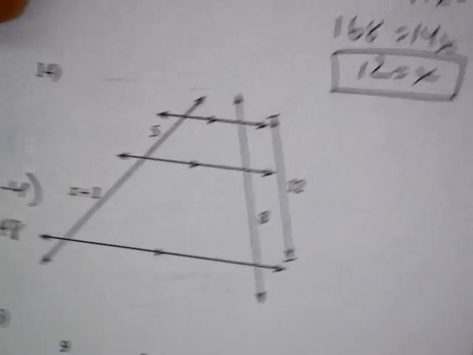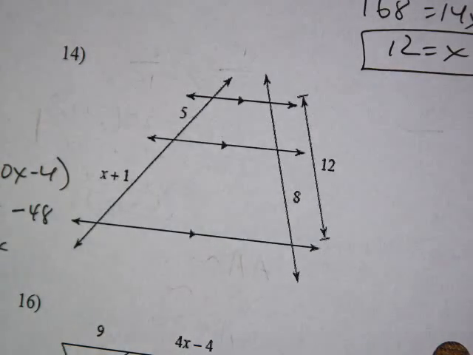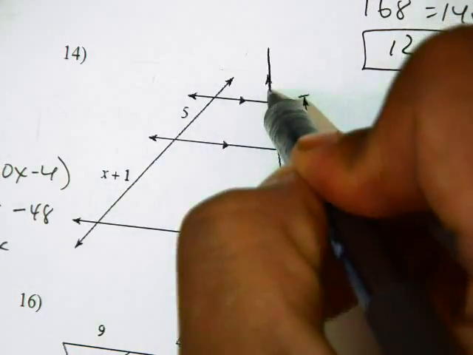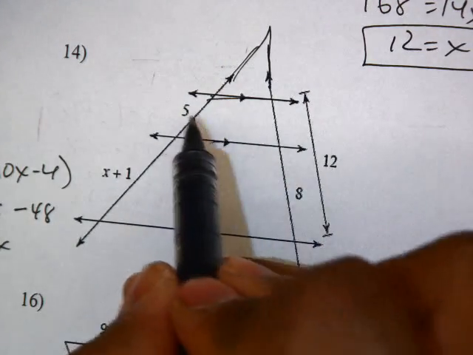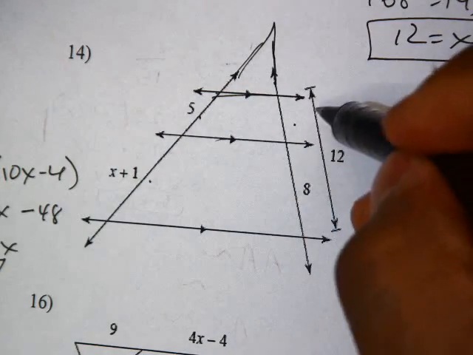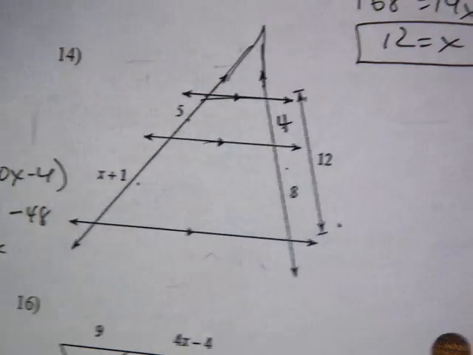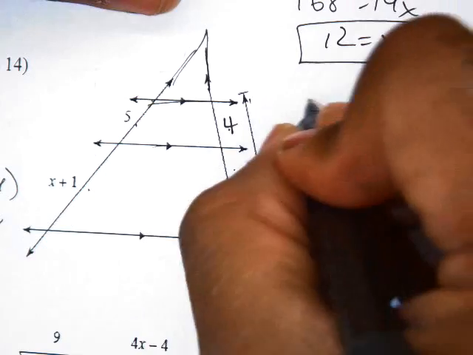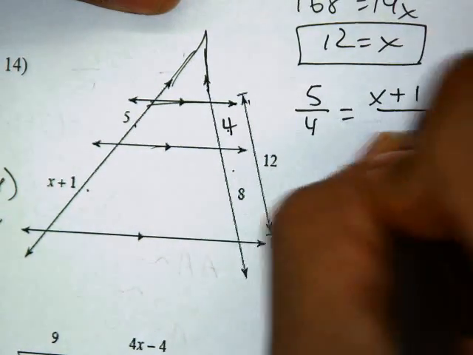Okay. So in 14, I can do this a couple of different ways. Since these are parallel lines, right here, I can say that these parts are proportional. This is 12, that's 8, and this has to be 4. So I can just go with 5 over 4 is equal to x plus 1 over 8.